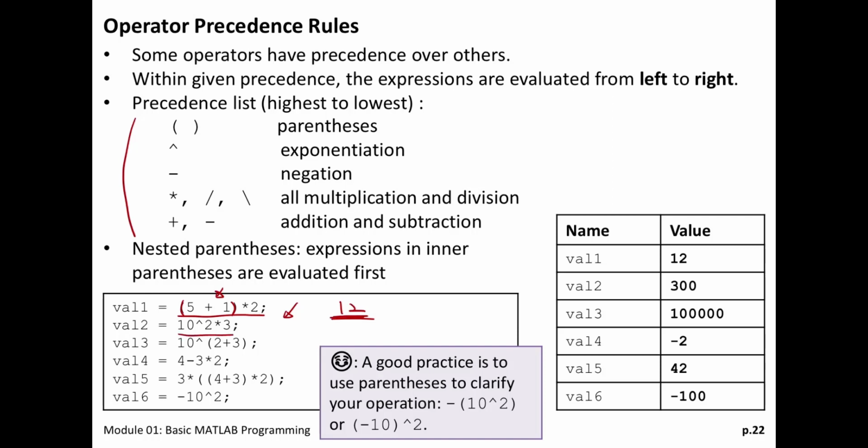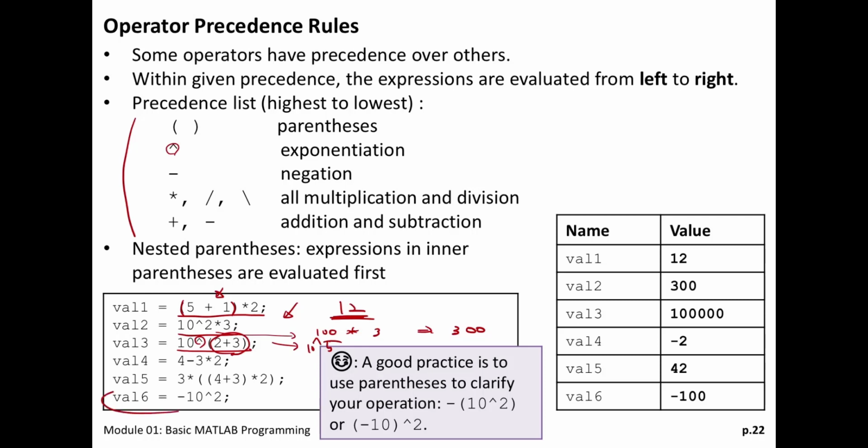What about this one? Exponentiation has a higher precedence order, so that's why this is 100 times the 3 becomes 100, right? In this case, we do this one first and then do the exponentiation. That's why 10 to the power of 5. Okay, that's easy, right?